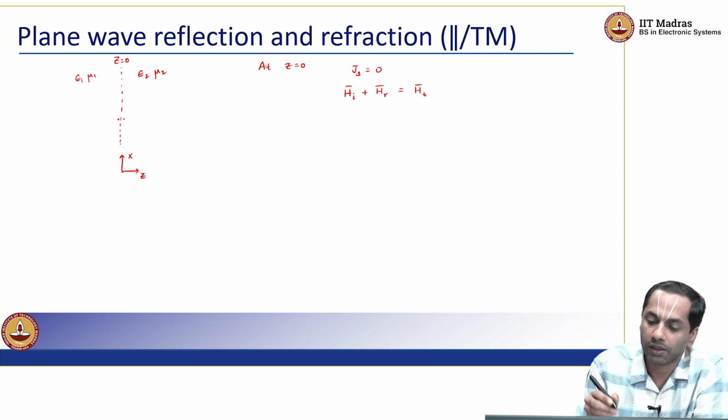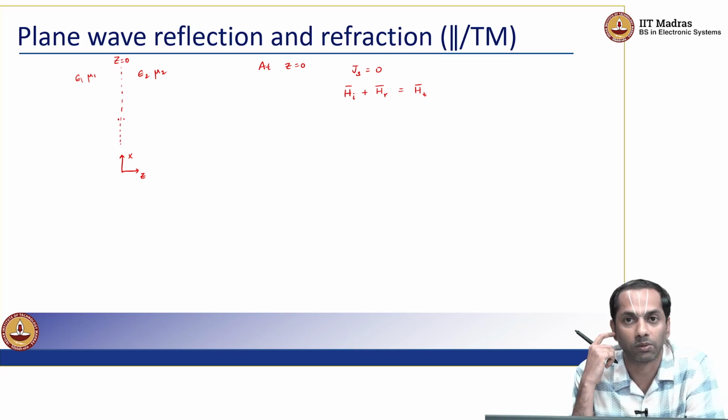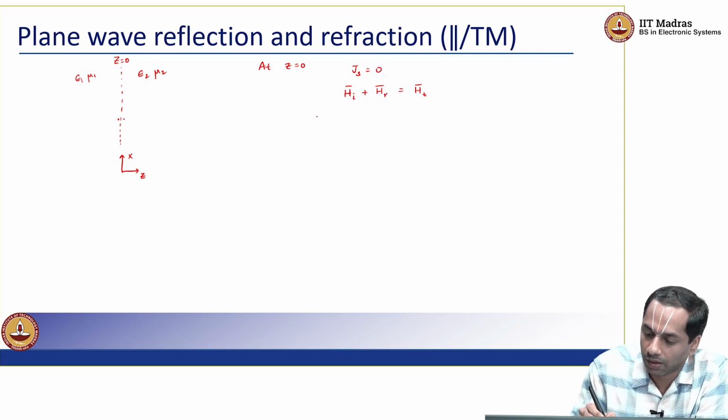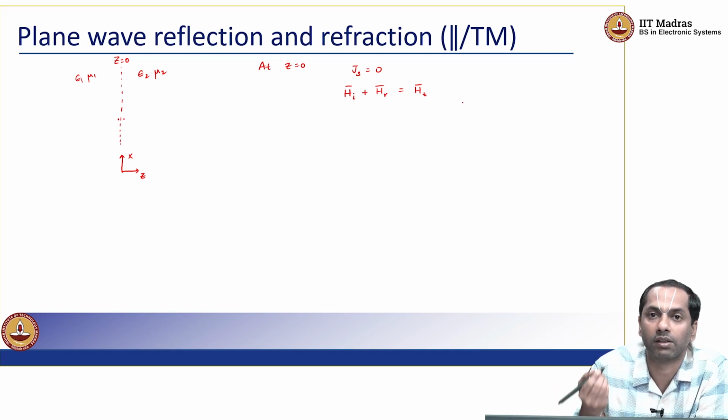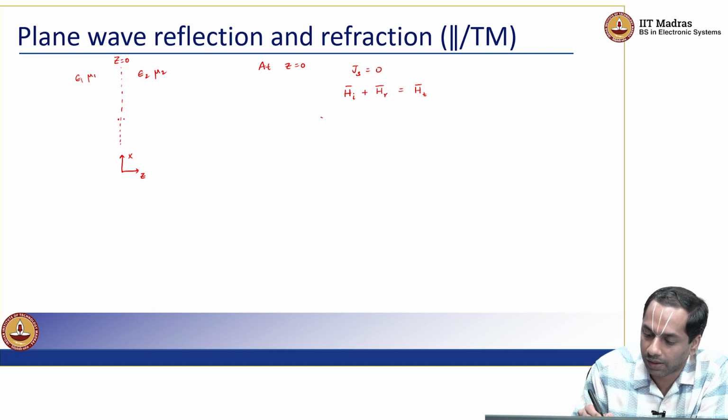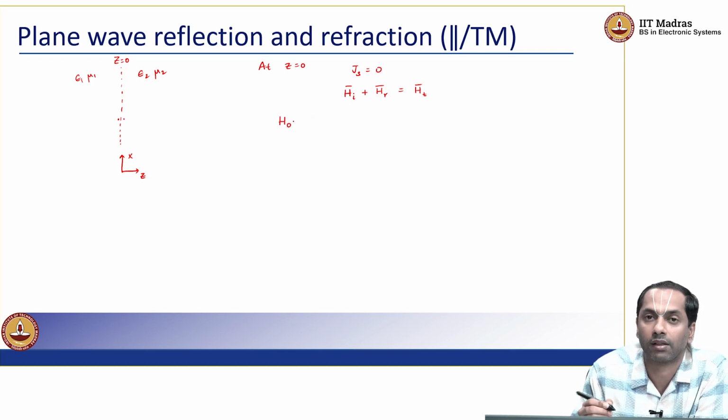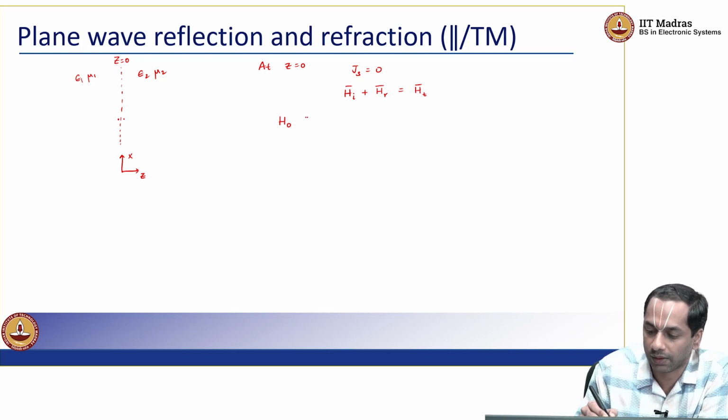Okay, so remember that z equals 0. So we know the expression, since all of these vectors are in the y direction, let's just look at the magnitude. Remember Hi, we wrote it as H0 y cap, and what was the spatial dependence? We said it was e to the minus j kxi x.